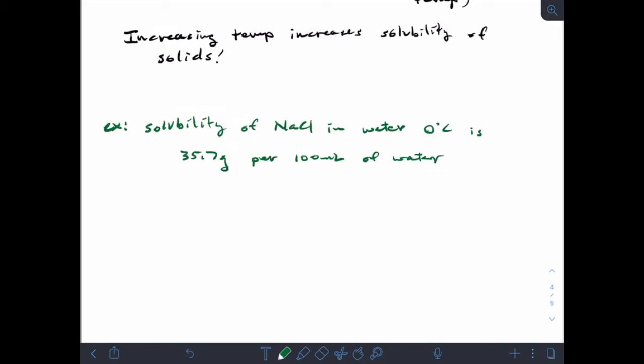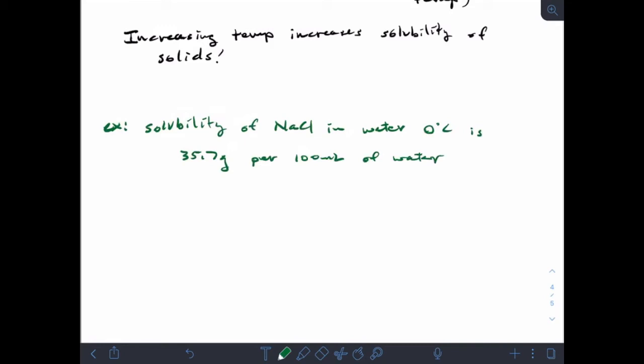That means that we can get as much as 35.7 grams of sodium chloride to completely dissolve in just 100 milliliters of water. That's not very much water, and it's actually quite a bit of salt.